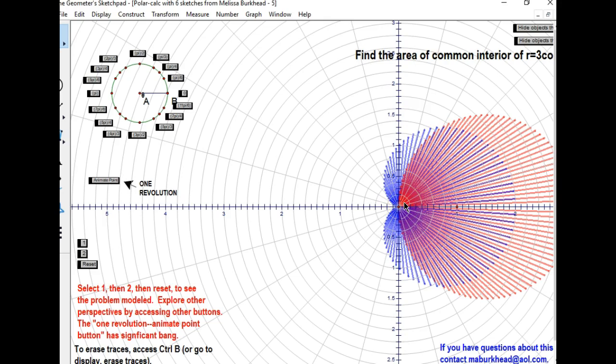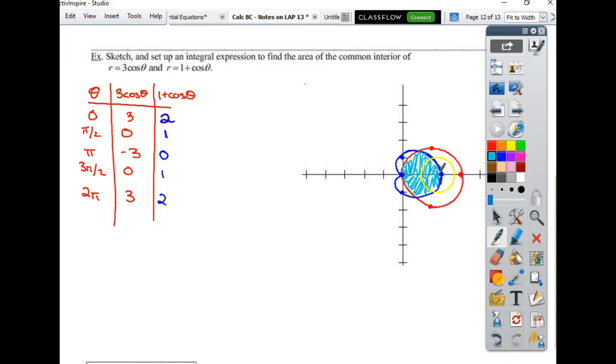So this is where things get a little bit sketchy. What happens right here? There's an intersection, right? And at that intersection, this is the section between here and this spot.